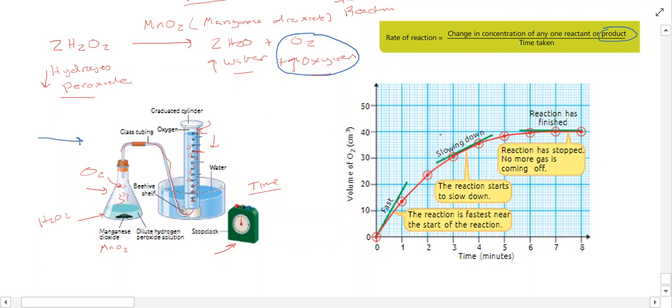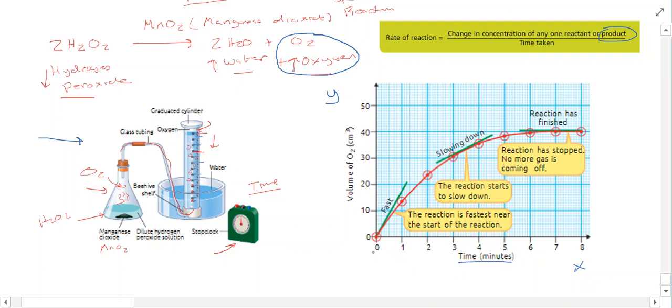Now we can take this information from the experiment and produce a graph. In the graph, we have the x-axis and the y-axis. Along the bottom, you have time in minutes.